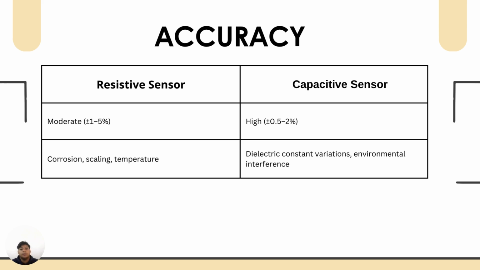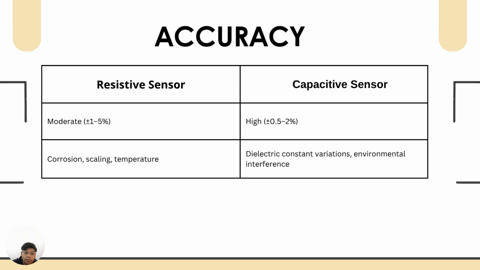Capacitive sensors offer high accuracy, often within plus or minus 0.5 to 2%, because they can detect very small changes in dielectric properties. They are highly sensitive to even minor level fluctuations.